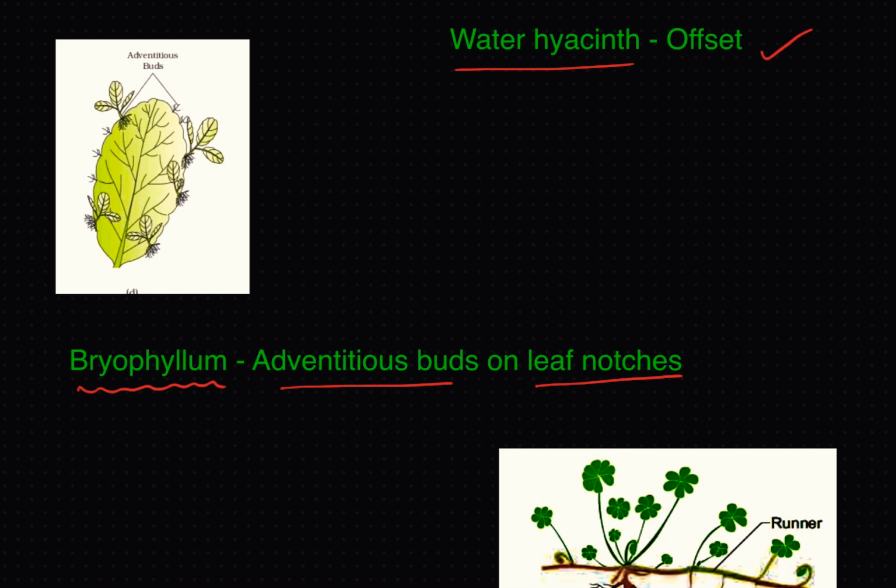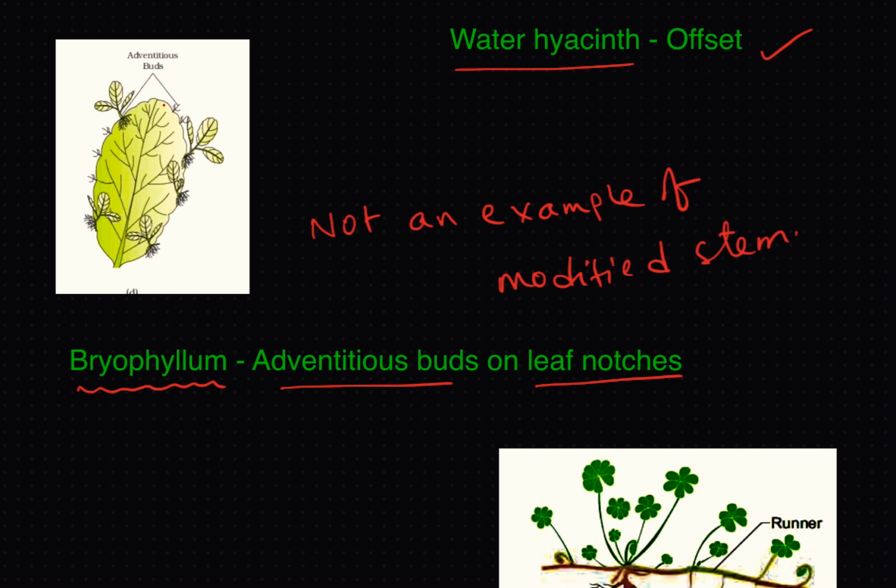So, my dear friends, bryophyllum is not an example of a modified stem, but in bryophyllum the edges of the leaves will have some notch-like structures.